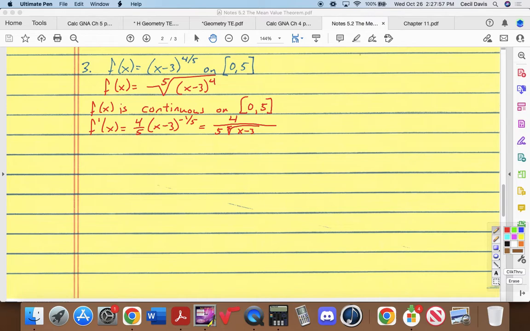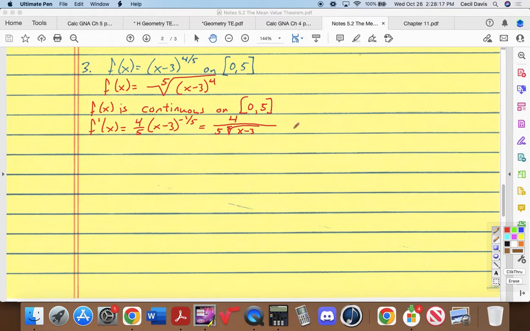Where's the problem with this fractional expression? Can't be 0 on the bottom. So that means x can't be 3. Oh, that's within my interval that they gave me, isn't it?